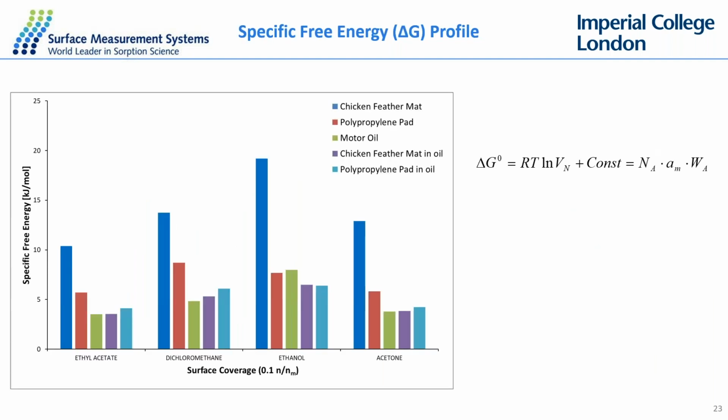For the specific free energy, which is calculated from the retention volume of the polar probes, it shows the interaction of the polar molecules with the solid samples. When we have a higher delta G, it means a stronger interaction. And we see that the chicken feather mat has the most interaction of all of them.